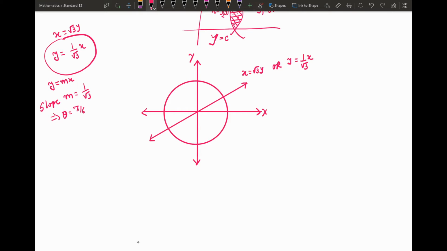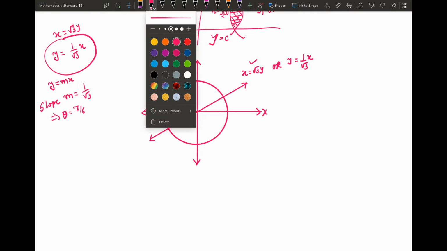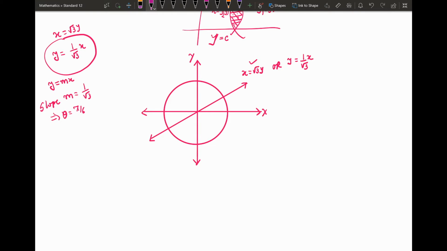So the area enclosed by the line, circle and x-axis: you can observe this is the portion which is bounded by the circle, x-axis and line y equal to 1 upon root 3 x.